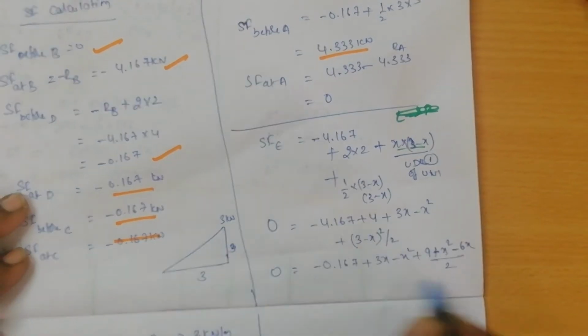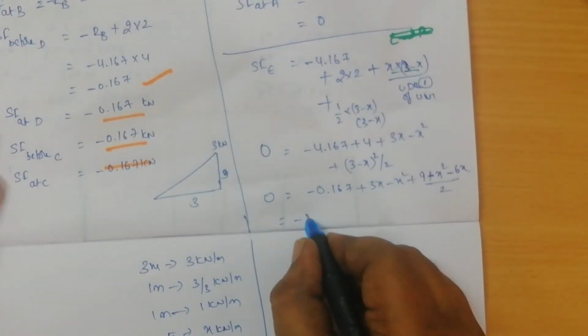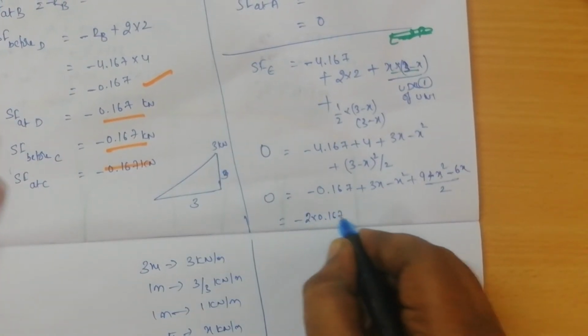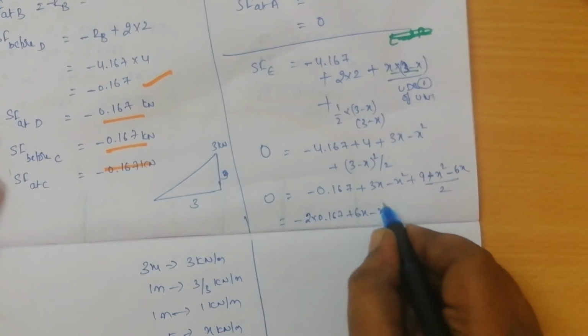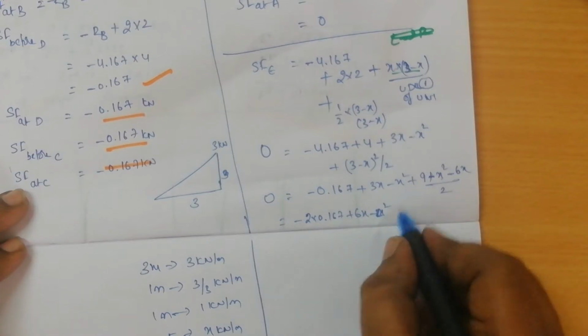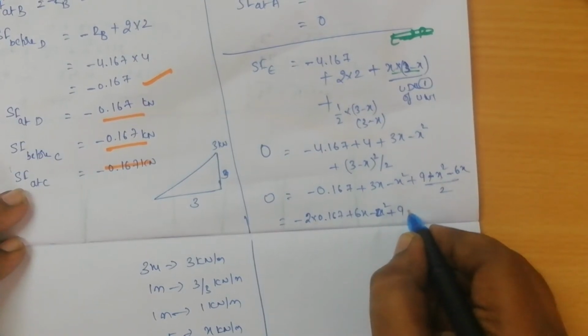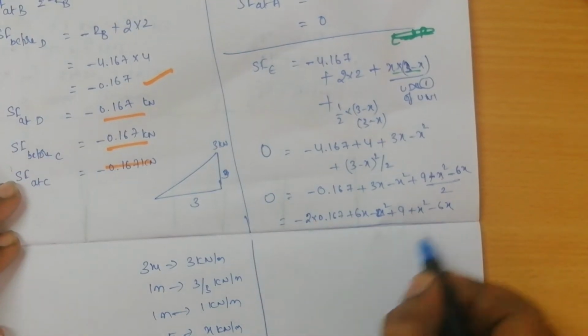Okay, so this is 0. You can do the LCM. We will get minus 2 into 0.167 plus 6x minus 2x square, plus 9 plus x square minus 6x, whole divided by 2.